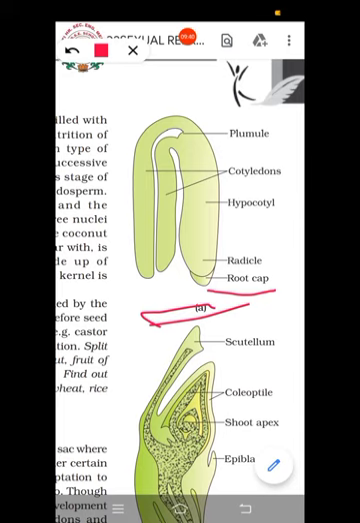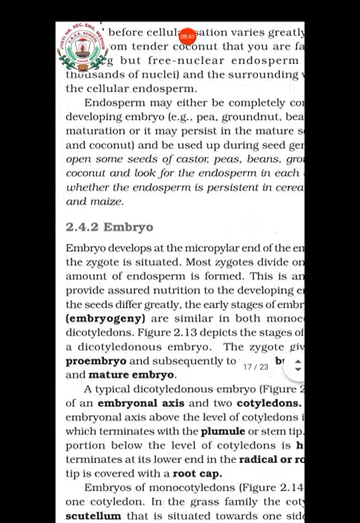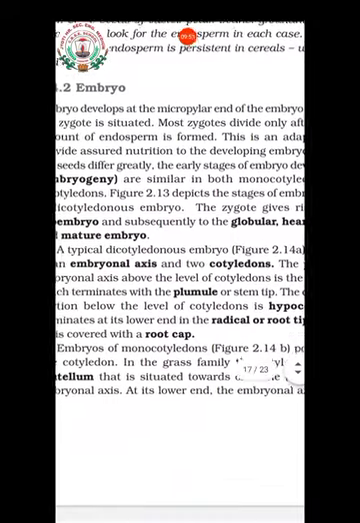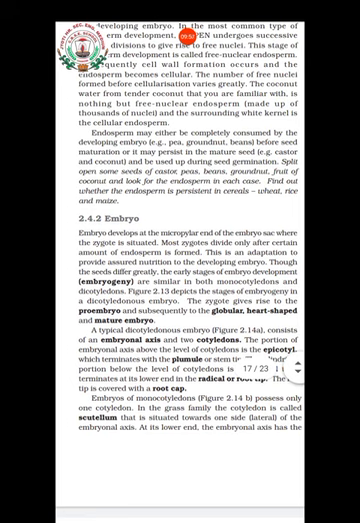So this is the structure of a dicot embryo. What are the parts of a dicot embryo? A dicot embryo consists of an embryonal axis and two cotyledons. The portion of the embryonal axis above the level of the cotyledon is called epicotyl, and that will end in a plumule or stem tip.